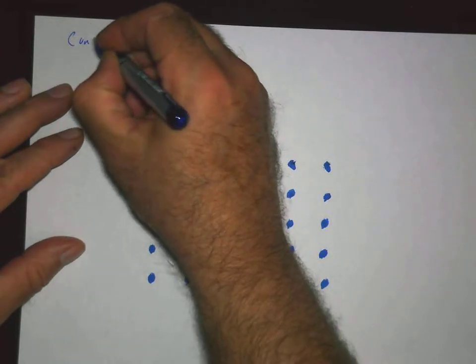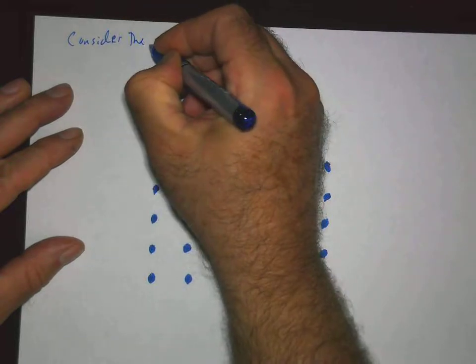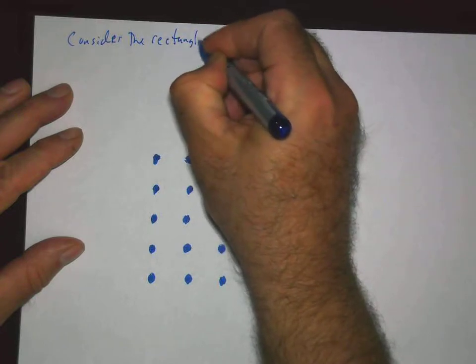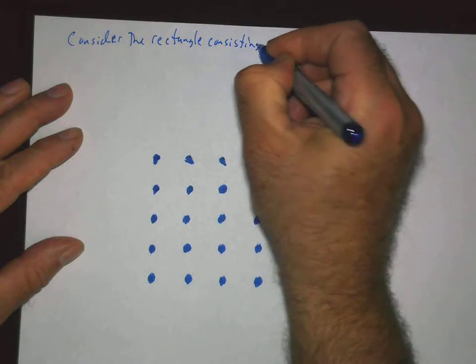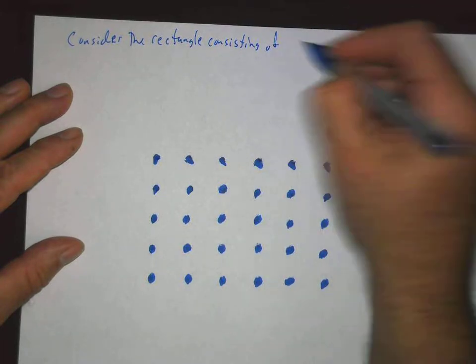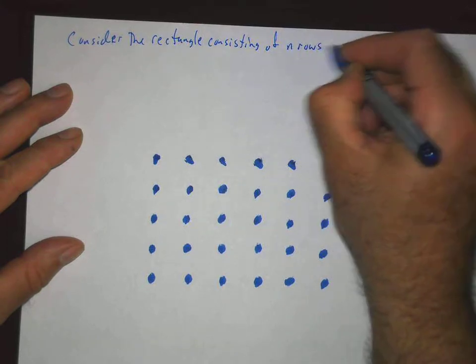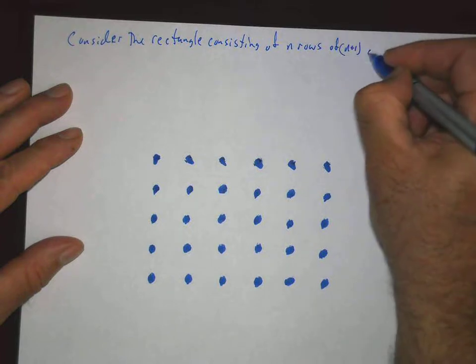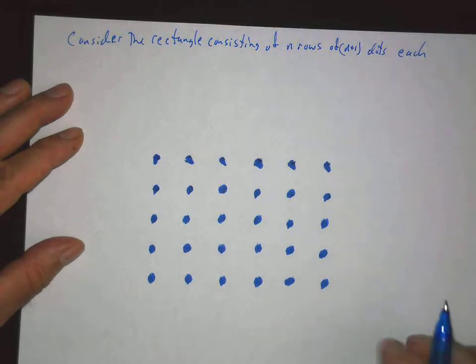I will say consider the rectangle consisting of n rows of n plus 1 dots each.